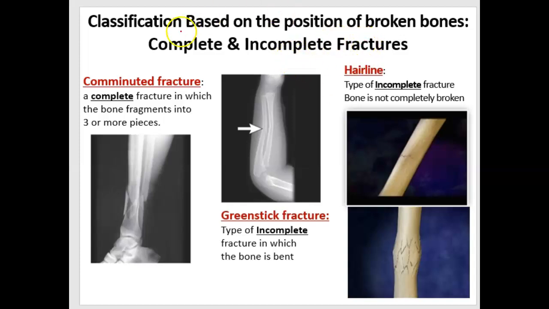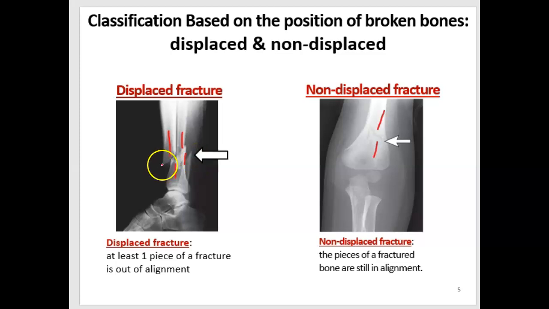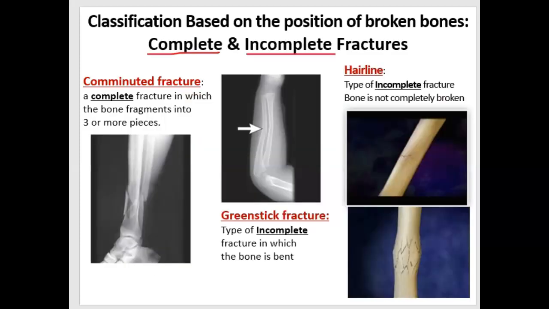Now let's look at some examples of complete fractures versus incomplete fractures. So there are different subtypes of complete versus incomplete. So first let's look at an example of a complete fracture. We've already seen one, and that was this one that we see, okay, that tibia is broken all the way across.